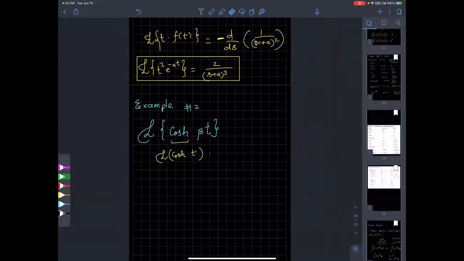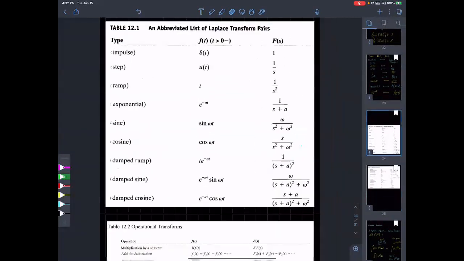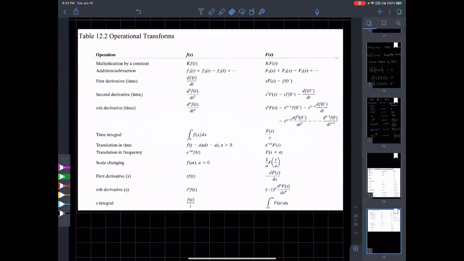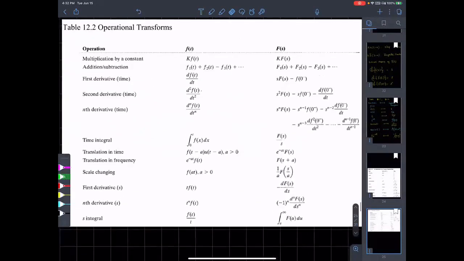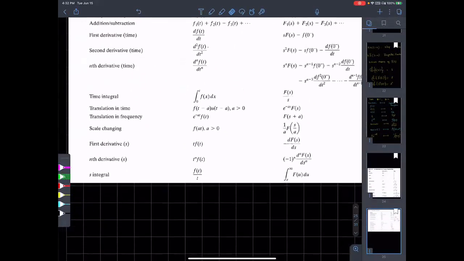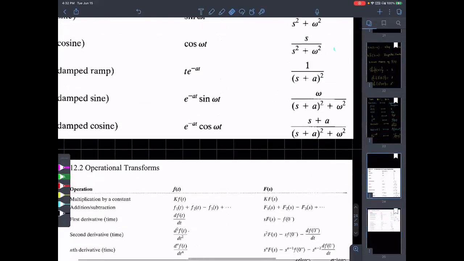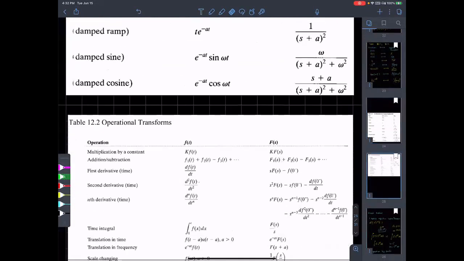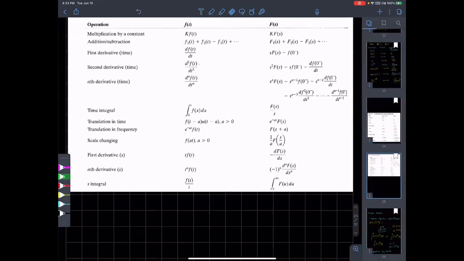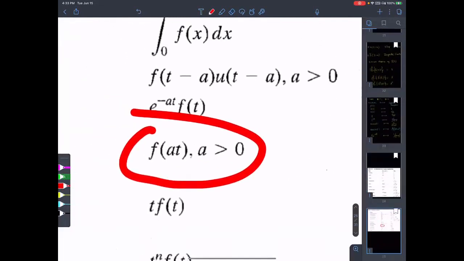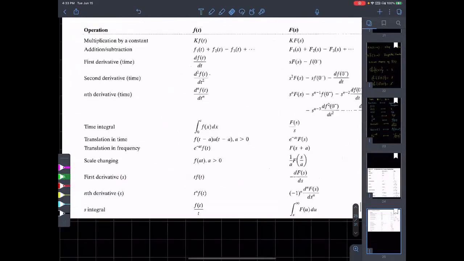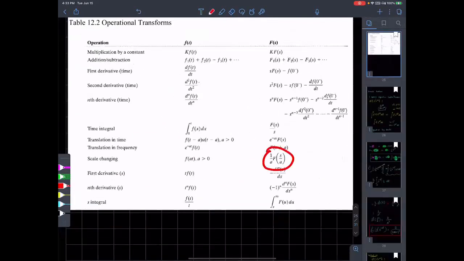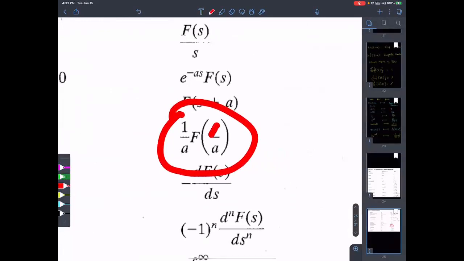If I go back to the table, the table tells me that if I scale the time variable by a factor of a, all that is going to happen is that in F of s, the s variable is going to be divided by a, and the overall function is going to be multiplied by 1 over a.